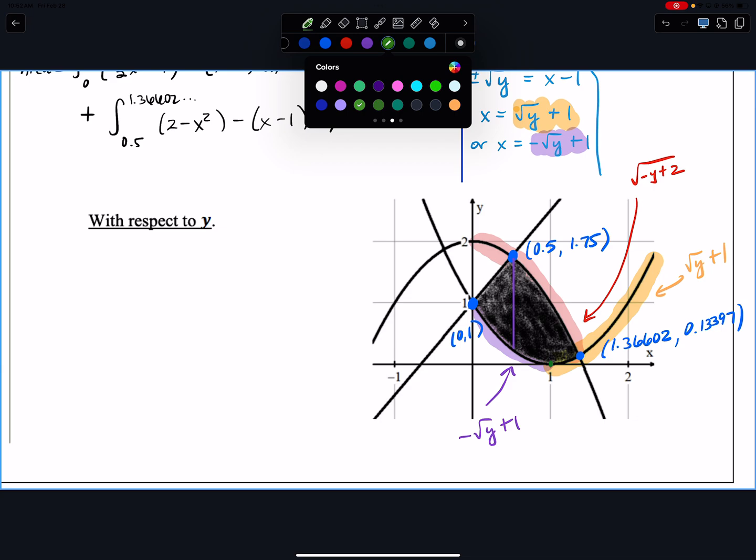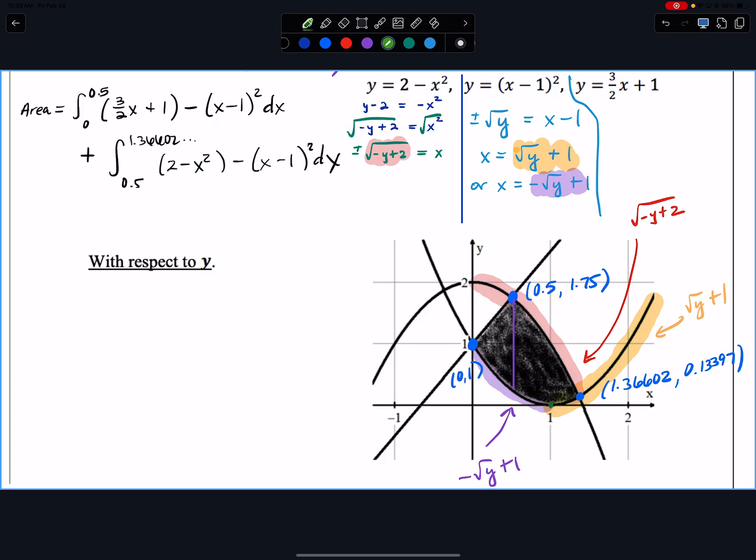We have one more function to do, and it's nice because there's no squareds. We just have to solve for x. How would I solve for x? Subtract 1? Yeah. How can I get rid of the fraction? Multiply by the reciprocal.